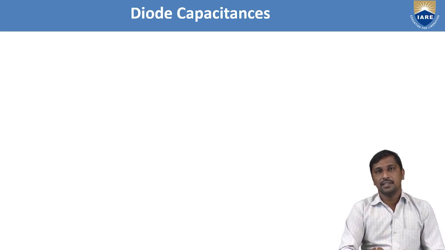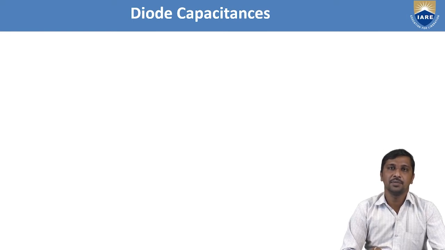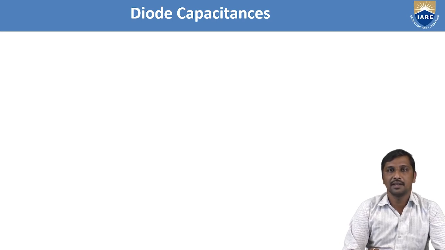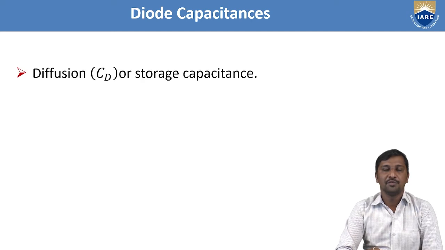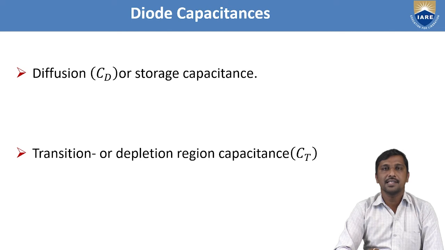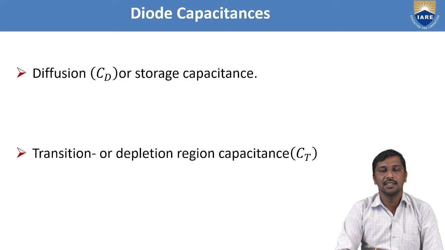Based on the biasing concepts of a PN junction diode, this diode exhibits two types of capacitances. One is the diffusion or storage capacitance. Another one is the transition or depletion region capacitance.